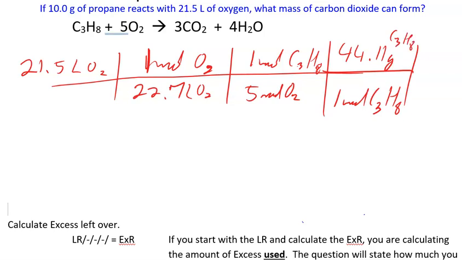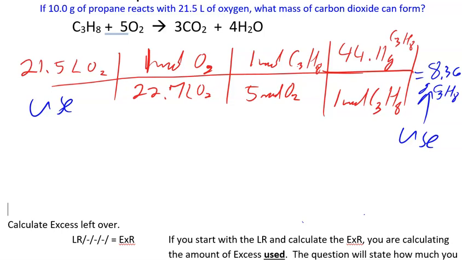Now these are "ifs." So if we use this much, then this is the amount that we use, not the amount that's left over. We end up with 8.36 grams of C3H8. And again, this is how much we use. So it's really simple. We're going to get 10 grams of propane. That's how much we start off with. That's how much we have.